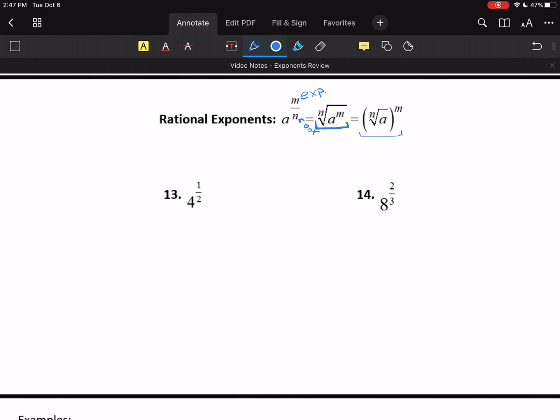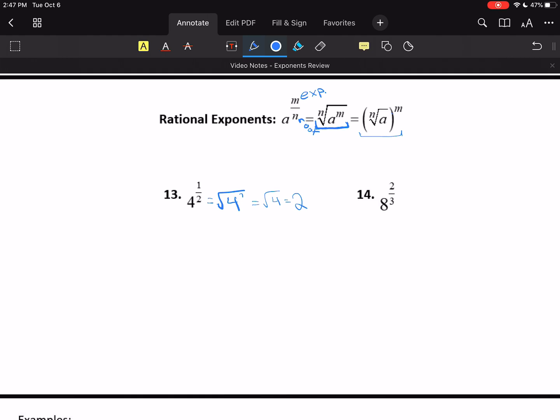Okay. So, looking at this first one here, I have the power of 1 and the root of 2. So a root of 2 is just a square root to the first power, right? And that would just be the square root of 4, which is 2.